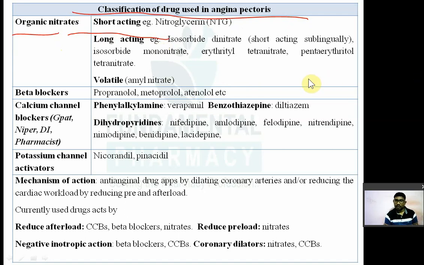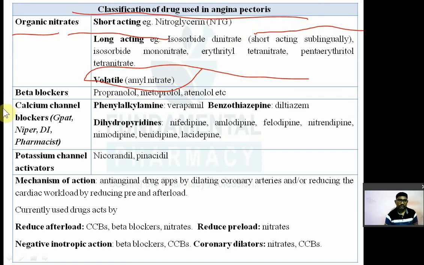Remember, volatile is amyl nitrate, which is given by the nasal route. Isosorbide dinitrate is given by the sublingual route, and when given sublingually it acts as short acting. When isosorbide dinitrate is given orally, it acts as long acting.